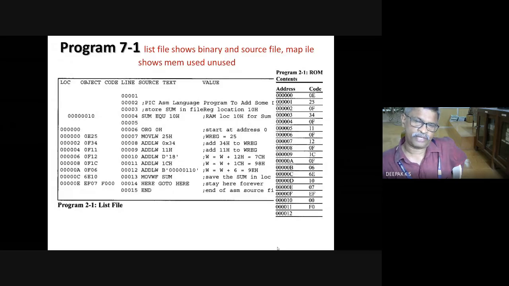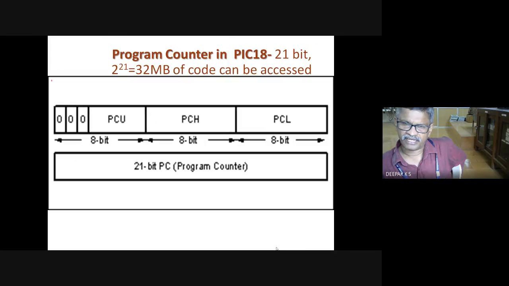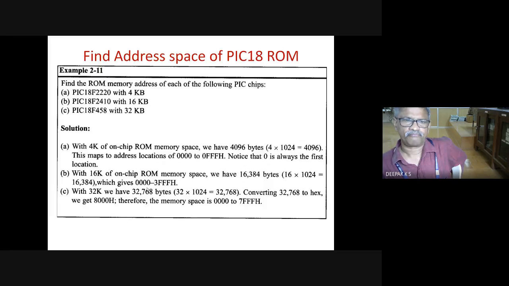Next one, fetch, decode, execute. And from where to fetch? Fetching is from a memory, and you have to specify an address, and that is specified by the program counter. Since it has 21 bits, it can address 2 raised to 21 locations, which is 32 MB.